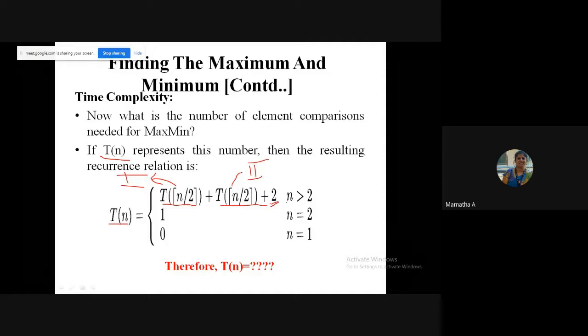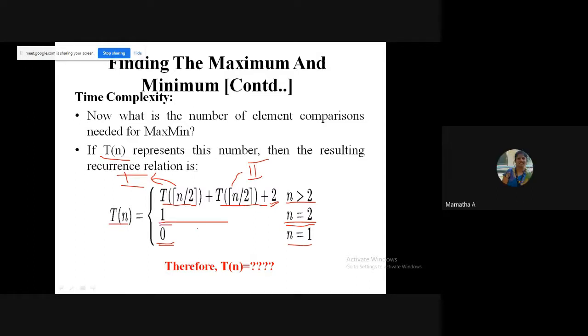For what case? Where n is greater than 2. Right? When n is equal to 1, that is only one element, am I doing any comparisons? No, 0. When n equals 2, am I doing any comparison? One comparison.